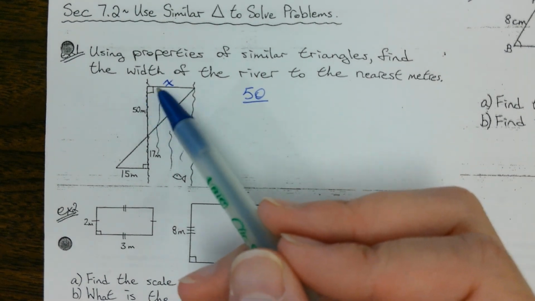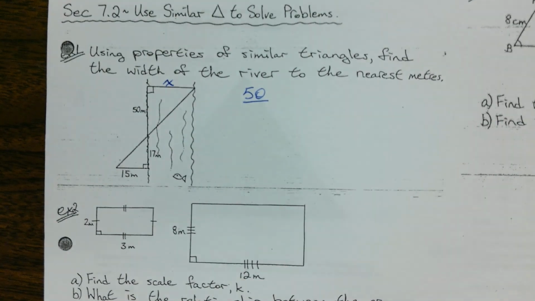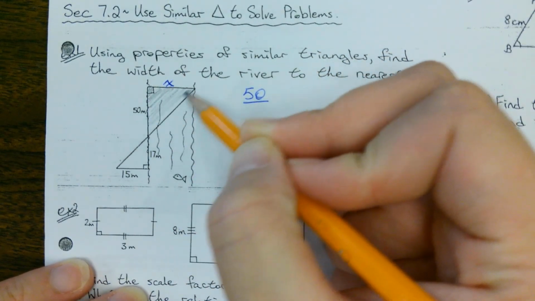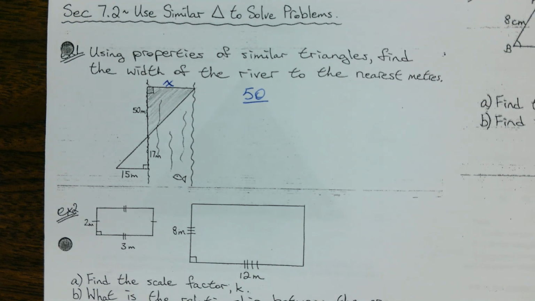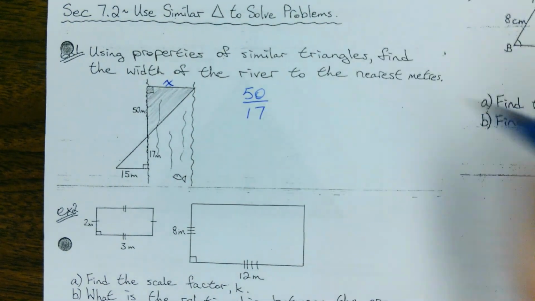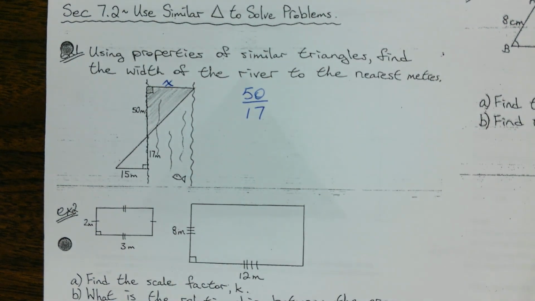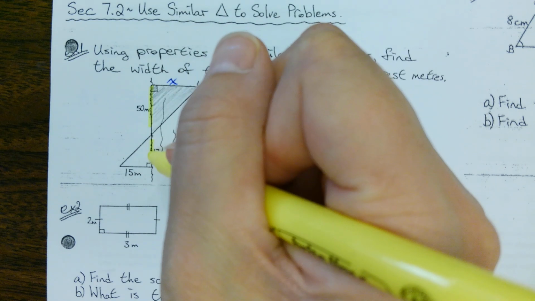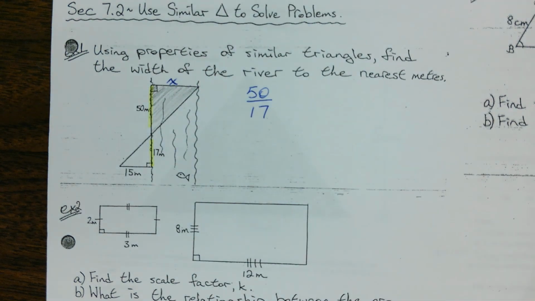So looking at this top triangle right here, I will compare the 50 side to which side, Kelly? 17. Right. So you're comparing this length right here with this length right here.